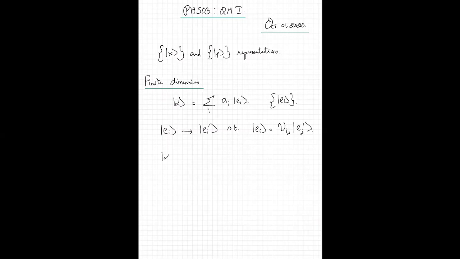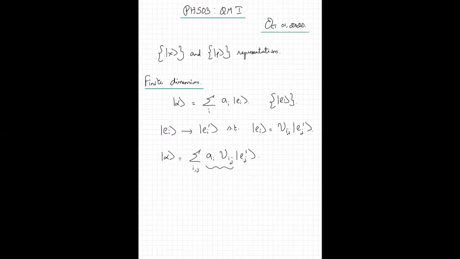Now I can expand the exact same vector alpha as a_i U_ij e_j prime, right? So there are two sums here. This a_i U_ij I can call by some different symbol, where the summation over i has been implicitly done.